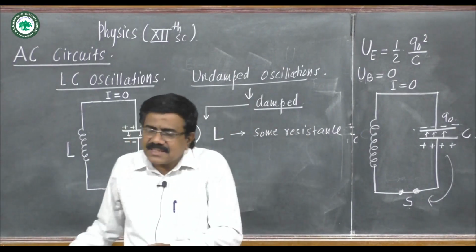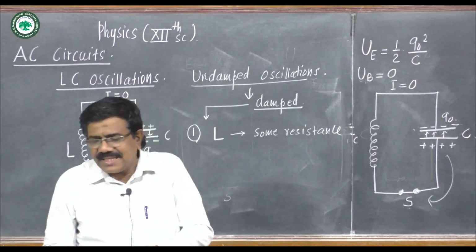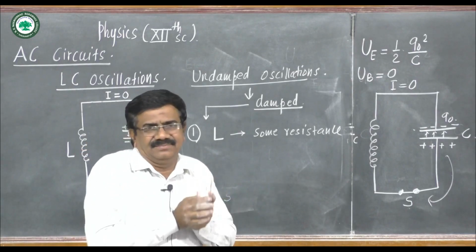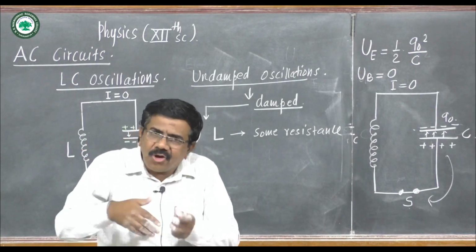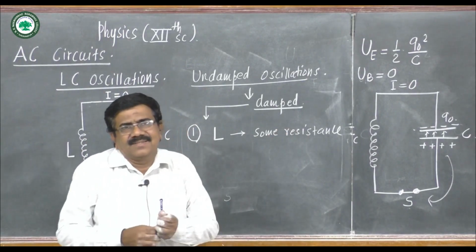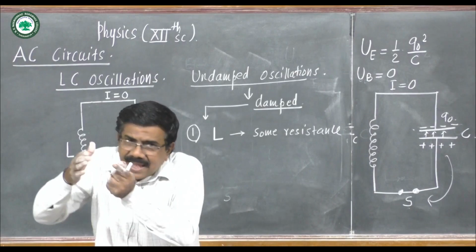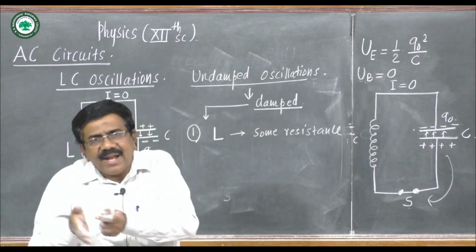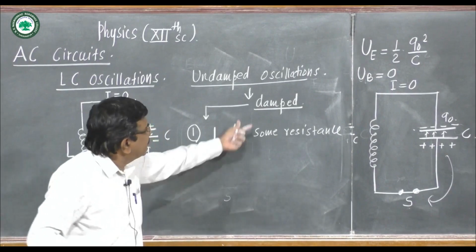As it possesses some resistance, this causes energy to be lost in the form of heat. Hence the amplitude of oscillation goes on decreasing, and they finally die out, meaning the oscillations will be damped.